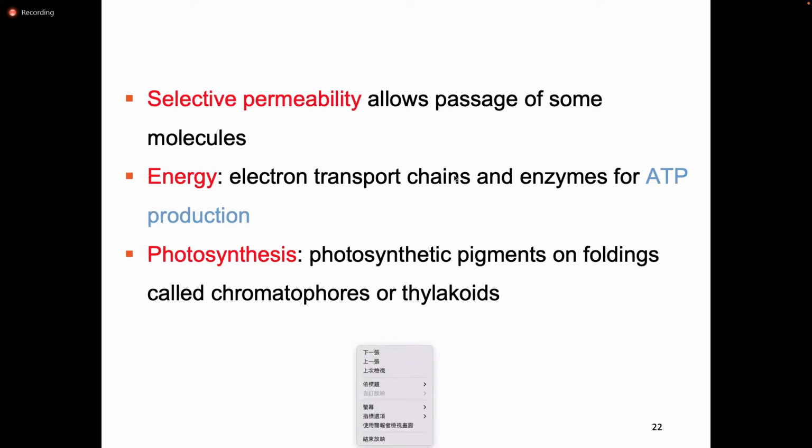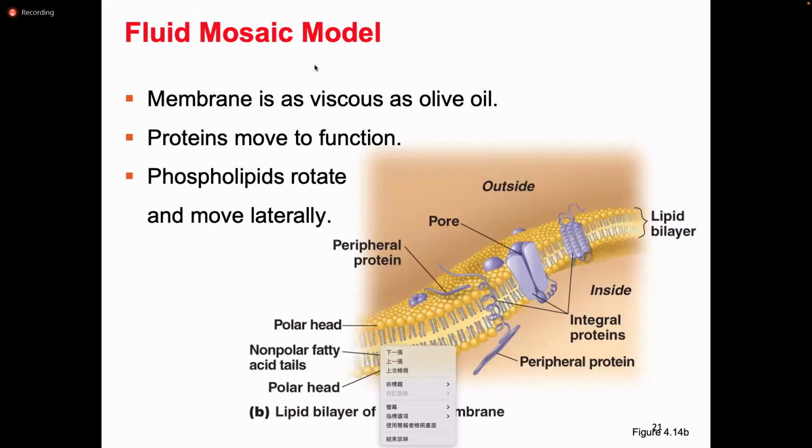The theory is called the fluid mosaic model. Fluid mosaic model. What does it mean? It tries to explain the position of proteins in relation to the lipid bilayer.